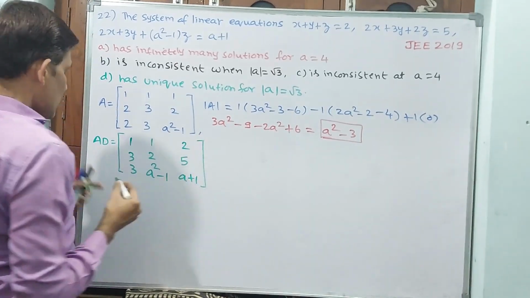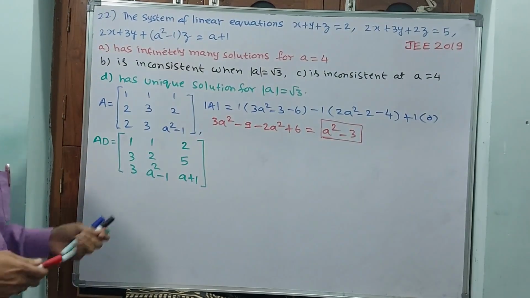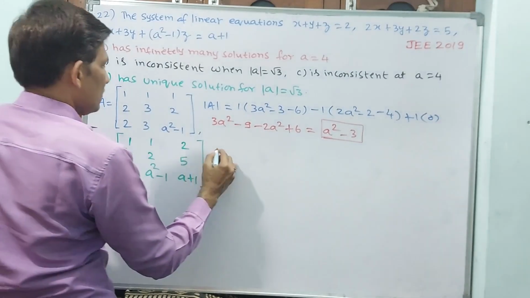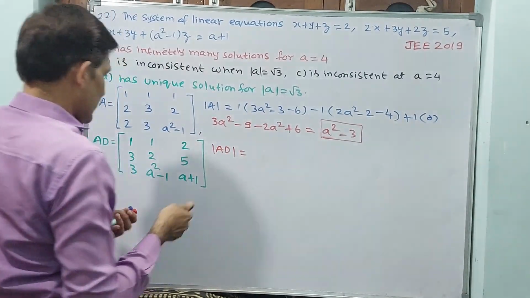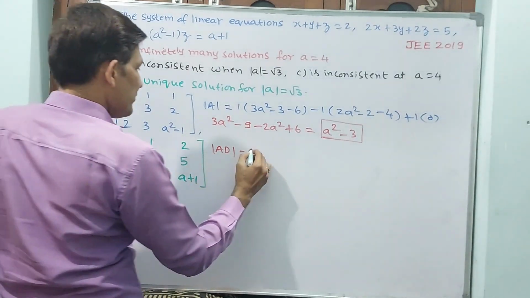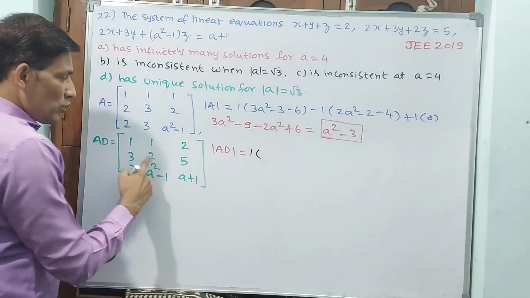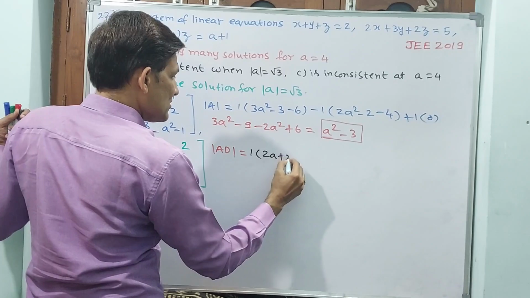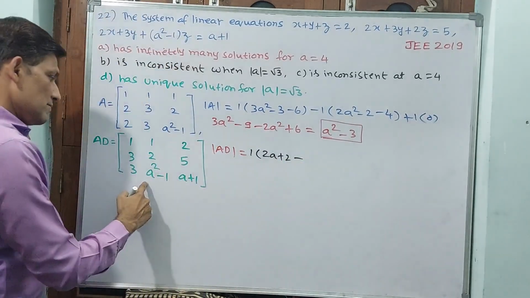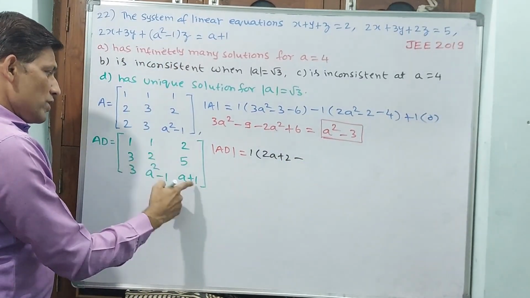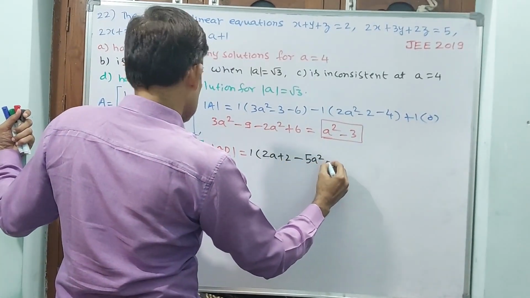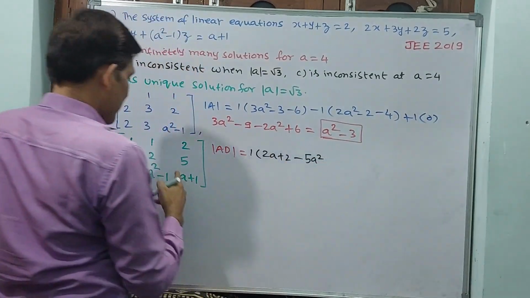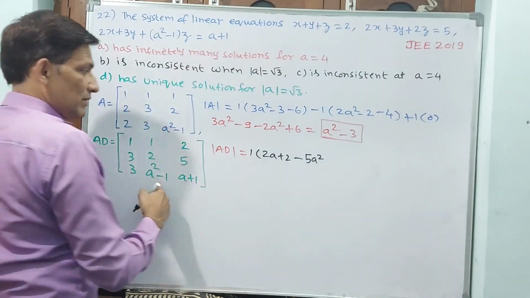Okay. Now this is augmented matrix. Let me find the determinant of this also. Okay. Determinant is equal to, okay, 1 into 2a plus 2 minus, okay, 2a plus 2 minus 5a square minus 5a square plus 1 plus 5.